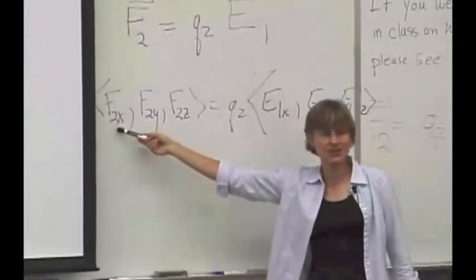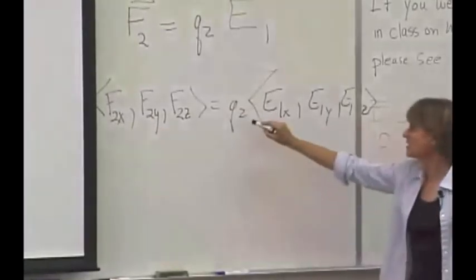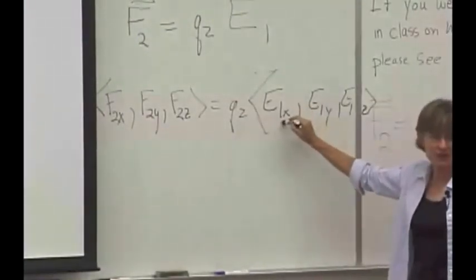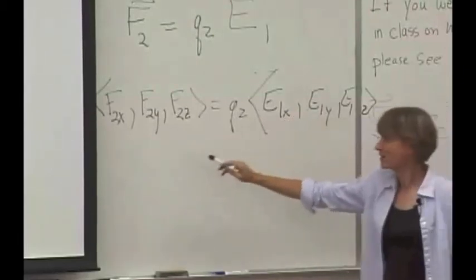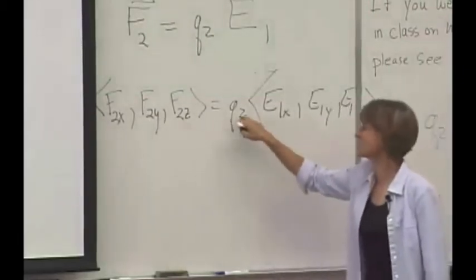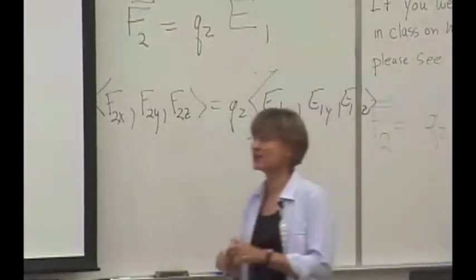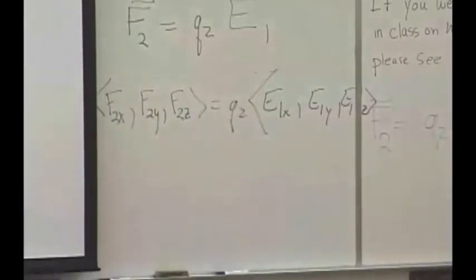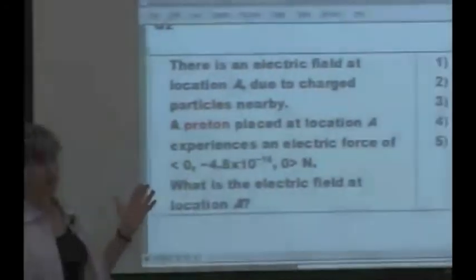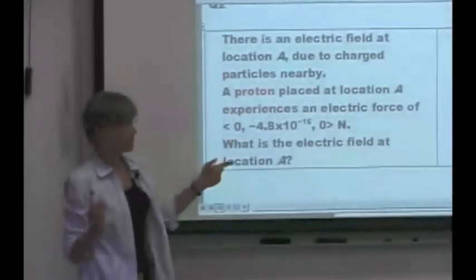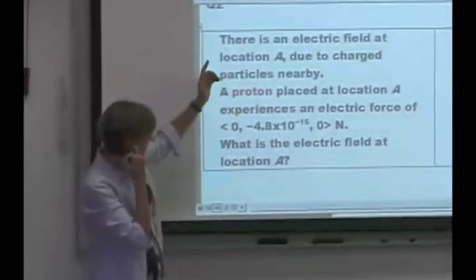It tells us the x component of the force vector is equal to the charge times the x component of the E vector. The y component is equal to the charge times the y component, and the z times the z. Well, the charge is not 0, and that certainly tells us that the x and z components of the electric field must be 0, right? So we've only got a y component.